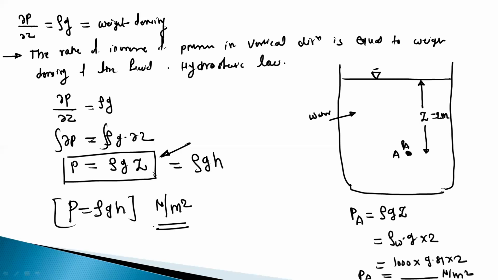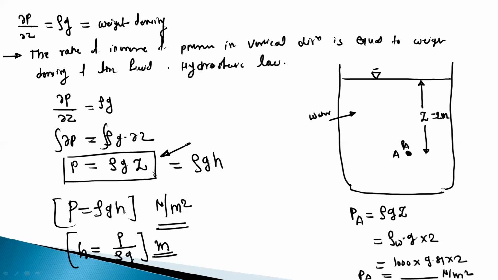Okay, so sometimes instead of Newton per meter square, the pressure is expressed in terms of meter only. This is called the height of the fluid column at a particular point. So from this equation, we can write H is equal to P upon rho G, and this is given in meter.